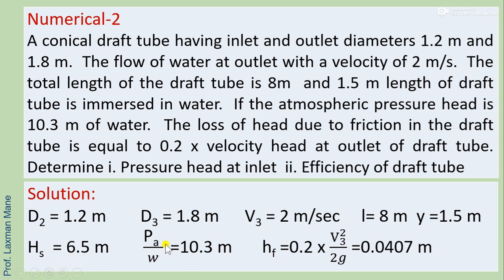Here now for absolute value, atmospheric pressure is taken, and here HF, that is friction loss, is given 0.2 times outlet velocity head of draft tube. So we can calculate over here.